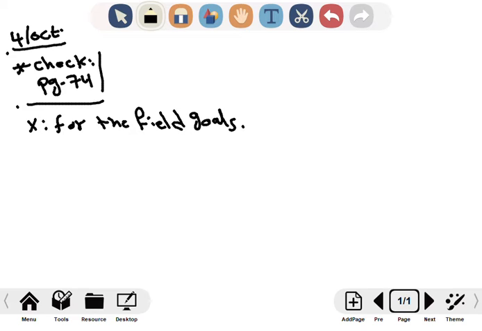Not like the football game, right? So if he made 6 throws, how many points did he get? 12. So if we have x throws, x multiplied by what? By 2. So we have 2x here, right?